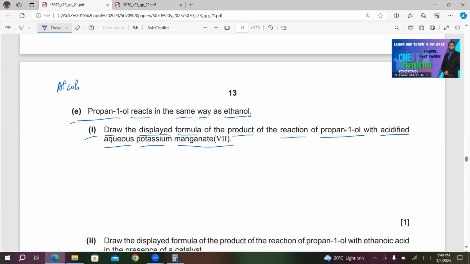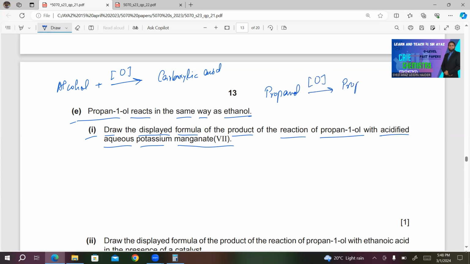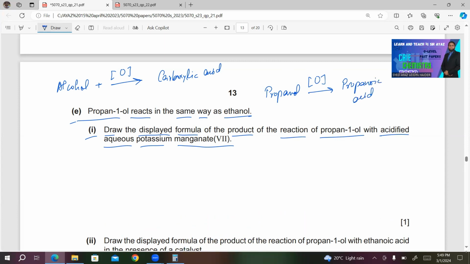Alcohol plus, this is oxidation, and we'll get carboxylic acid. So ethanol gives ethanoic acid. Propanol oxidation gives propanoic acid. Now they want you to draw the displayed formula of the product.